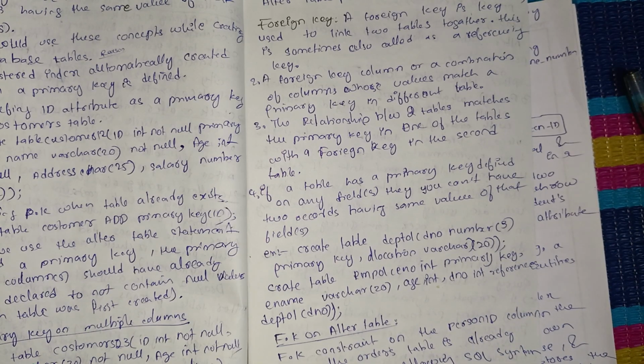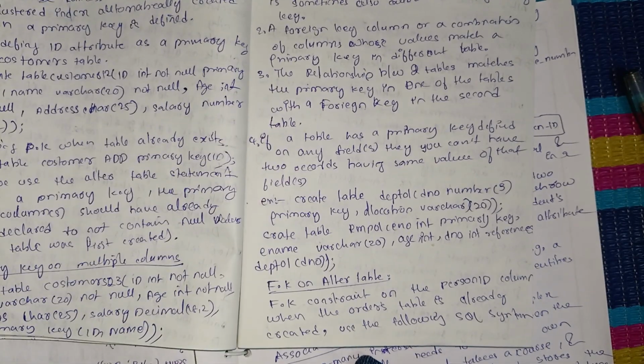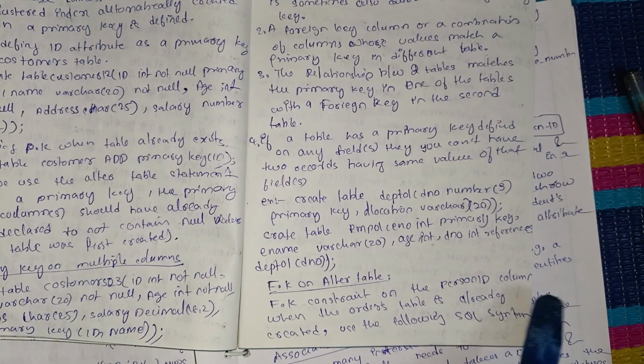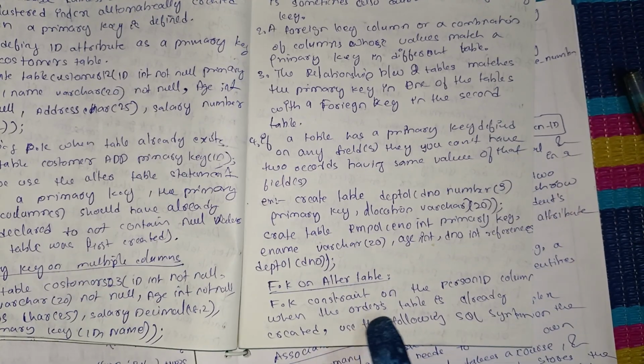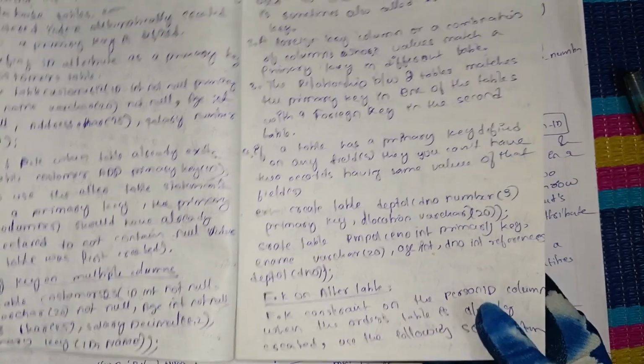And then foreign key on alter table. To create a foreign key constraint on the person ID column when the orders table is already created, use the following SQL syntax.